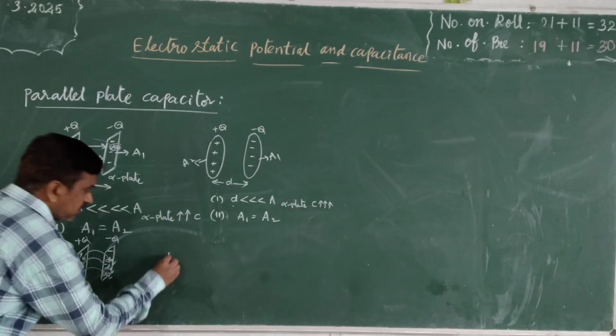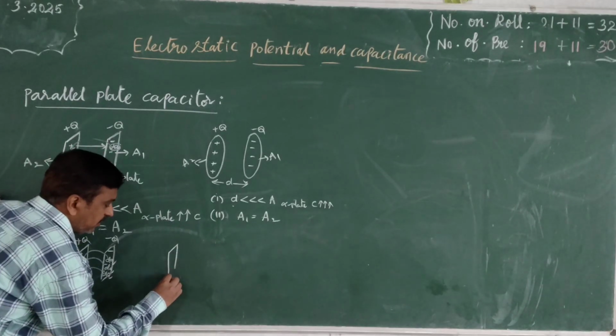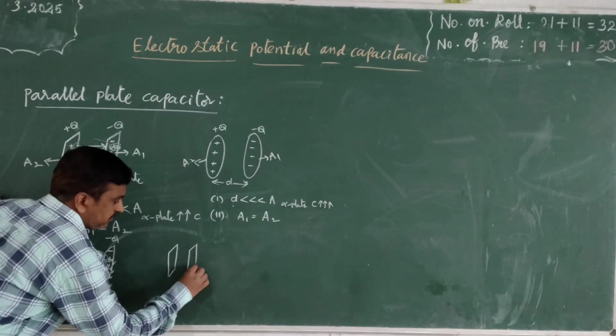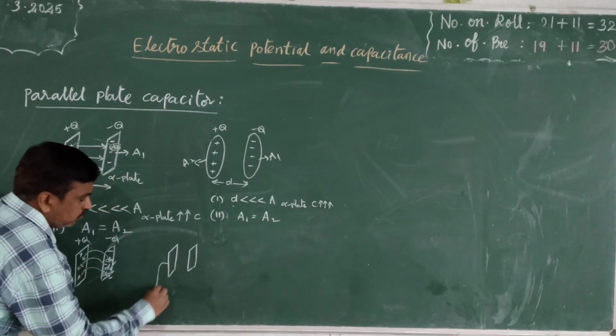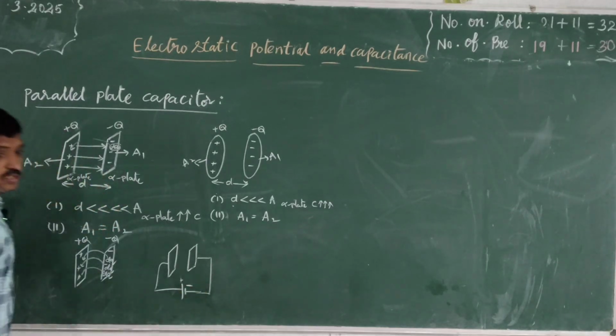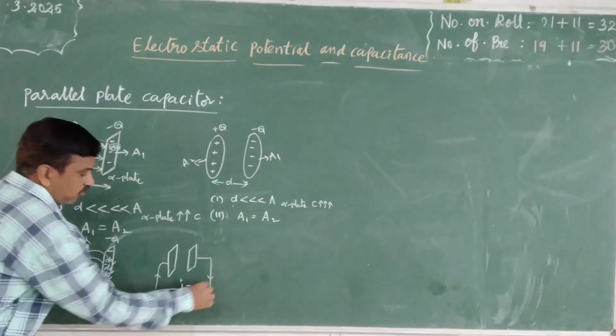Now one more method. Here is the parallel plate capacitor, connected to a cell, with one side positive and one negative. Current goes like this.